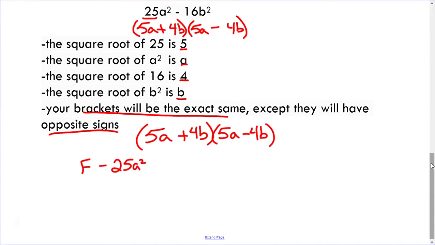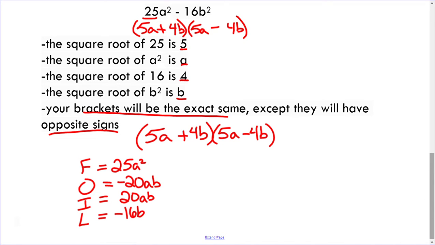My outside terms, 5a times negative 4b, give minus 20ab. My inside terms give positive 20ab. And my last term, positive 4b times negative 4b, is negative 16b squared.